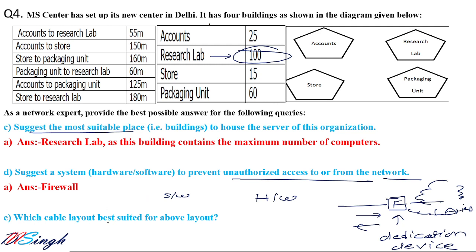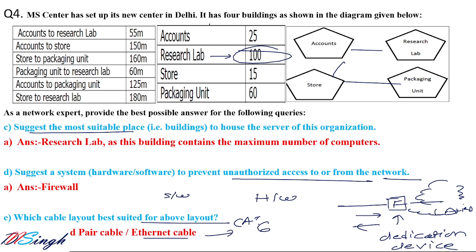Which cable layout is best suited for the above layout? Which cable will be best suited for above layout? So we are going to use Ethernet cable for this purpose, for the connection purpose. So here we are going to use Ethernet cable or twisted pair cable. Fine. The Ethernet cable like Cat 5 standard or Cat 6 standard, these are the standards.